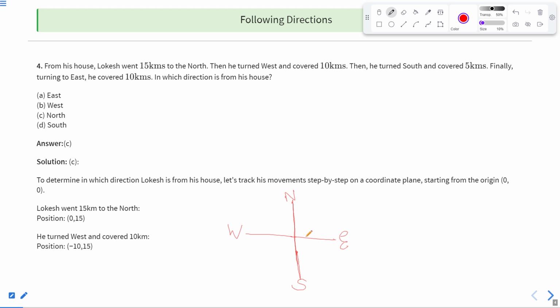Don't eat soggy waffles. So first we have 0,15. This is his starting point A.